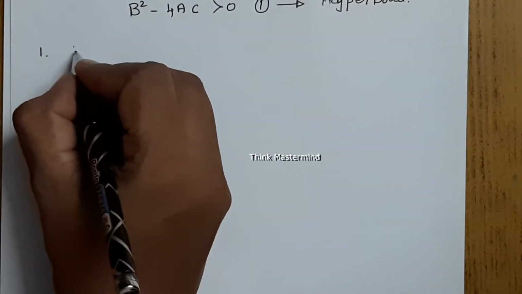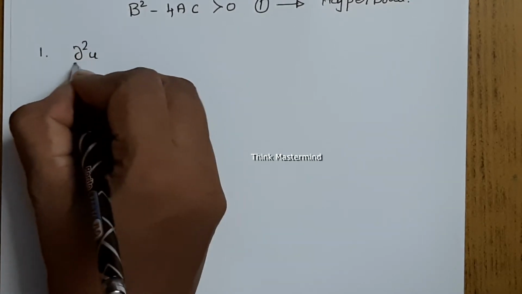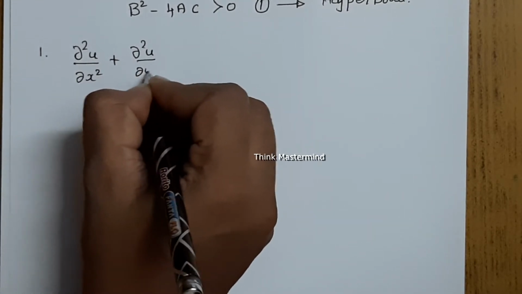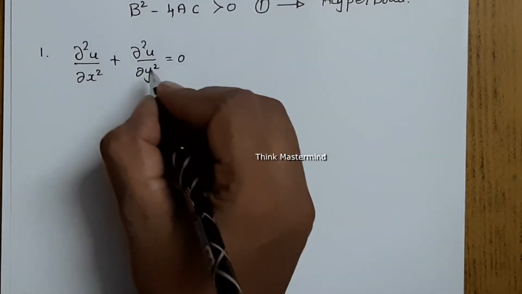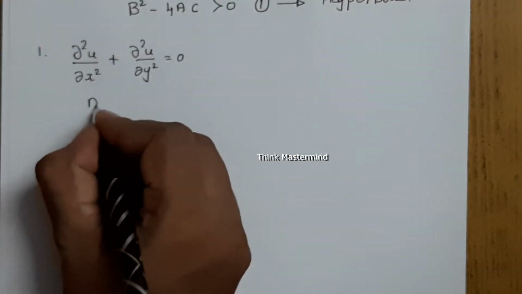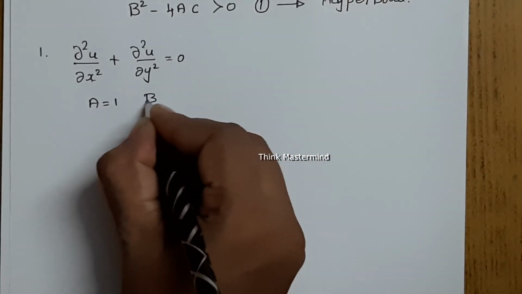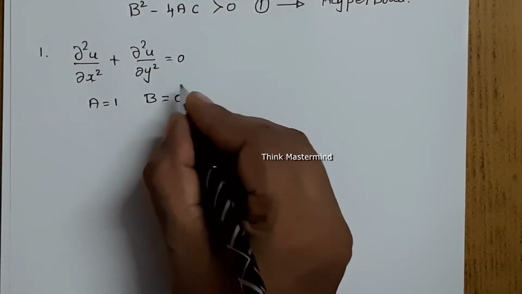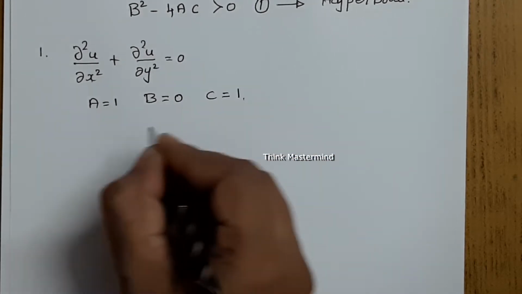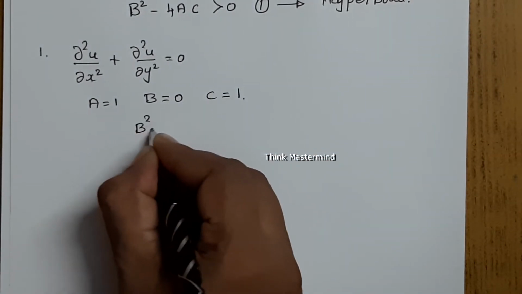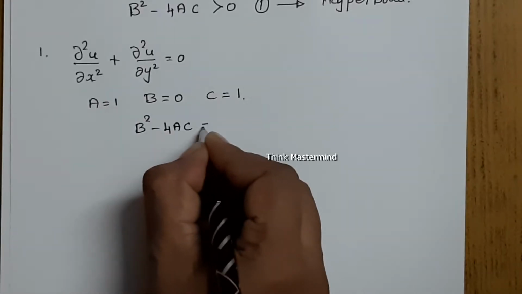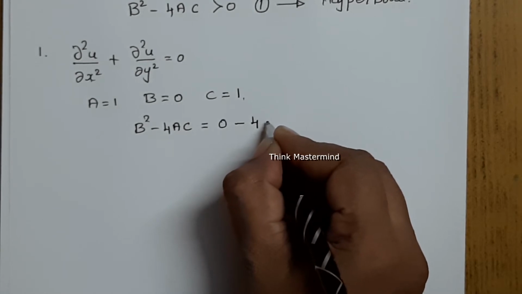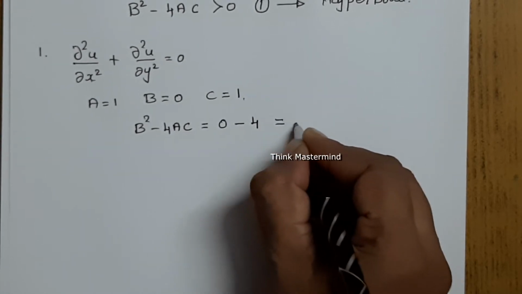Suppose I am considering the partial differential equation ∂²u/∂x² + ∂²u/∂y² = 0. How to classify this equation? a value is equal to 1, b value is 0, that is the coefficient of ∂²u/∂x∂y is 0, and c value is equal to 1. So taking b² − 4ac is equal to 0 − 4 into a into c. a is 1, c is 1, therefore −4.